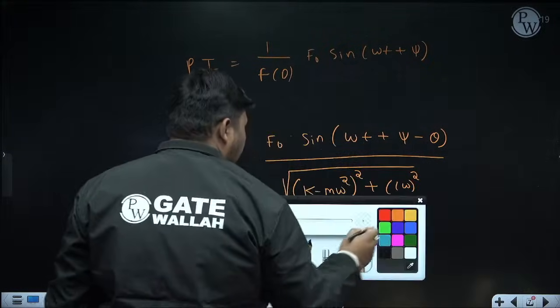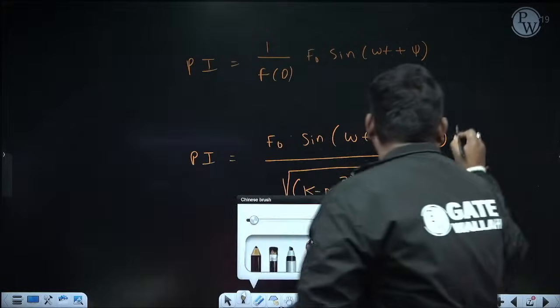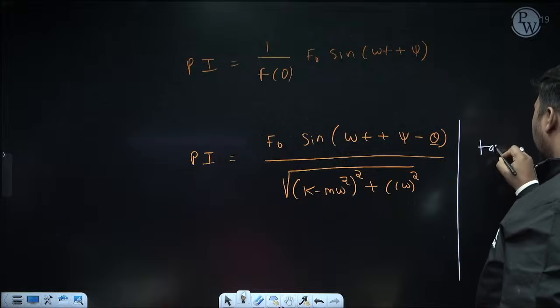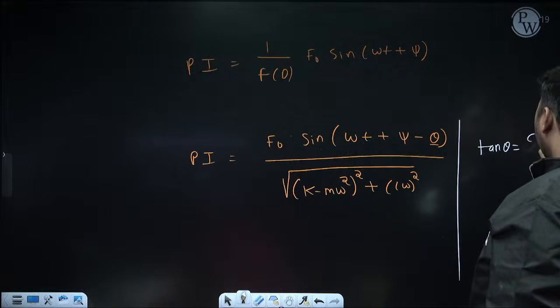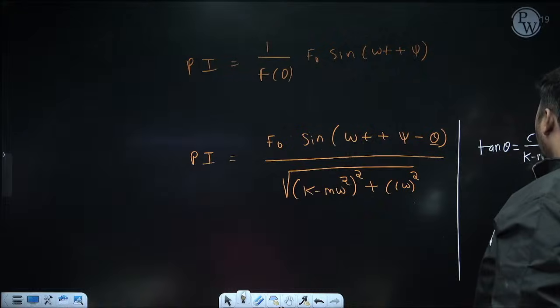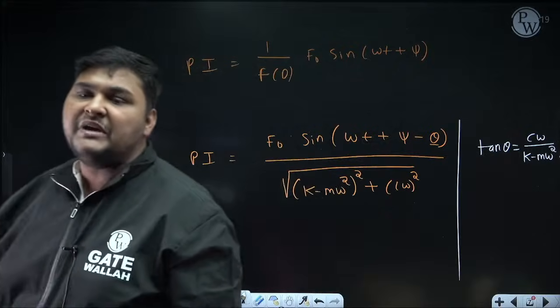See, here one new term theta is coming, so I am writing the expression of theta also. The formula to calculate theta is tan theta equal to c omega upon (k minus m omega square). I will write PI in two forms.